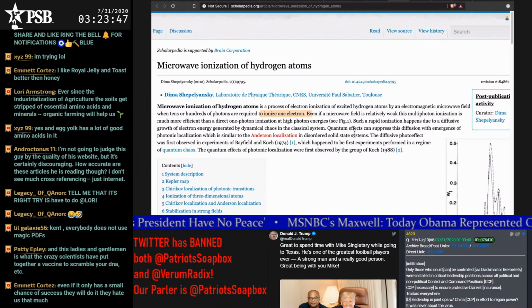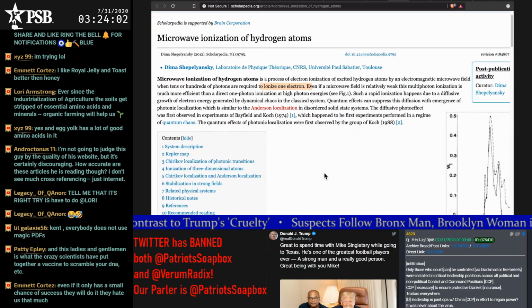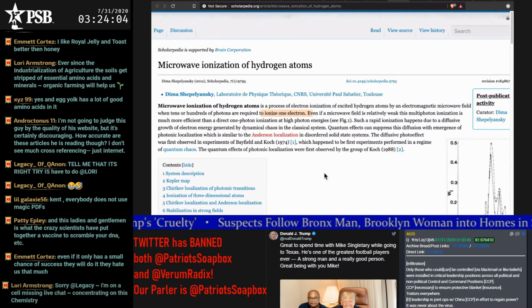So what they're really getting at here is, they actually say it, the quantum effects of photonic localization were first observed by the group of Koch in 1988. So what they're really getting at here is they're dancing around this idea of quantum-based medicine. Quantum-based energy systems that are able to do things like move electrons around.